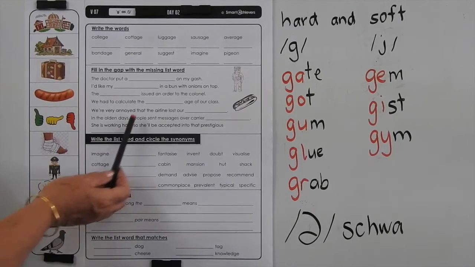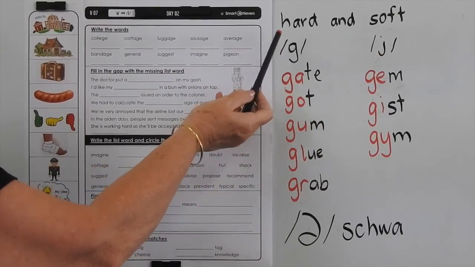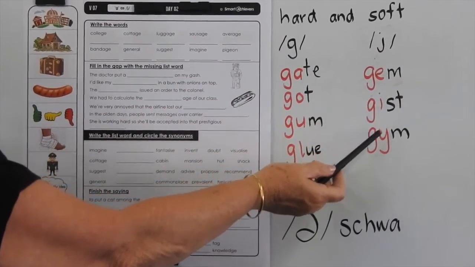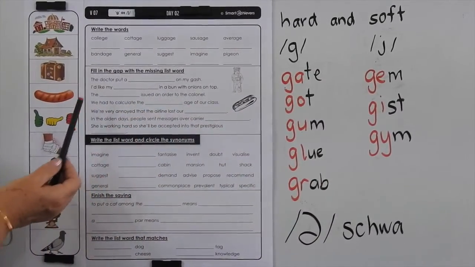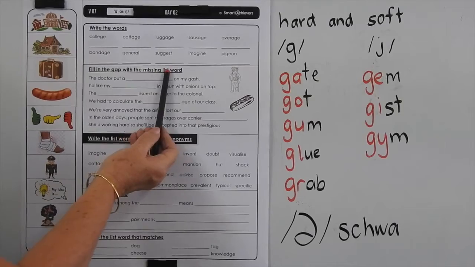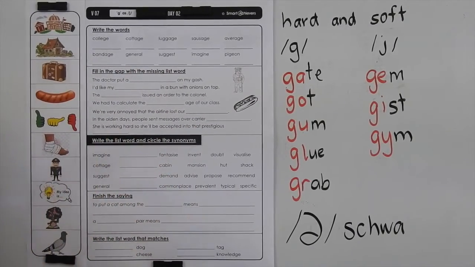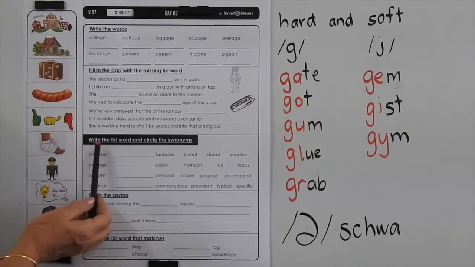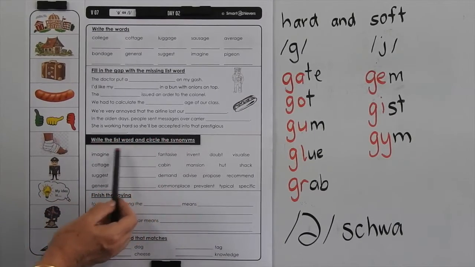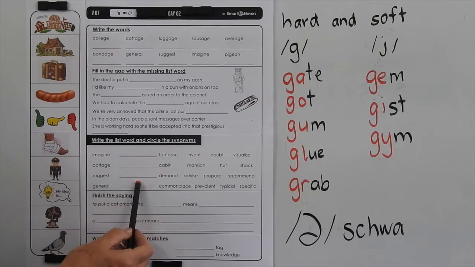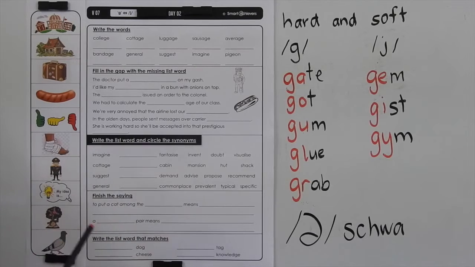In this list we're revising the soft sound J, where we're using GE, GI or GY to do that. So go through and highlight that in each of the words. Then we want you to fill in the gap with the missing list words. So if you're unsure of some of the meanings, go back to the day 1 video where we discussed them. Now down here we want you to write the list word and circle the synonym. So just write the list word again here and only circle the words that mean the same as the given list word.